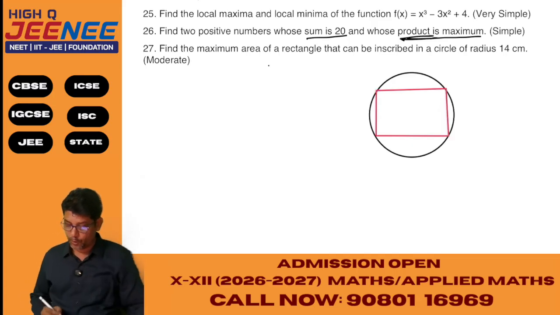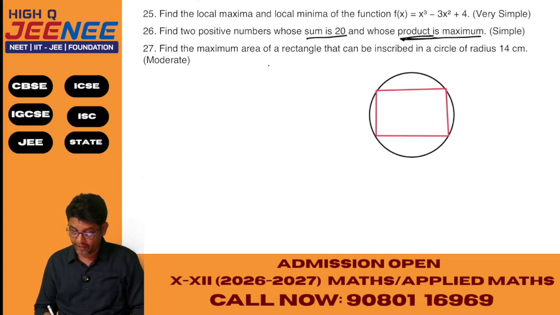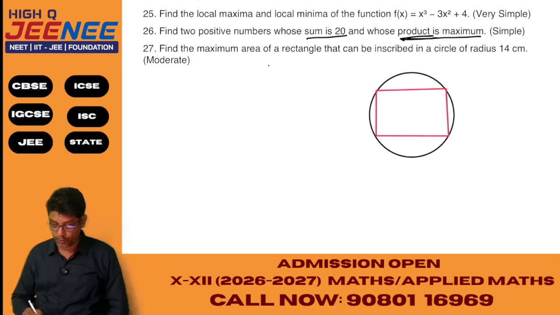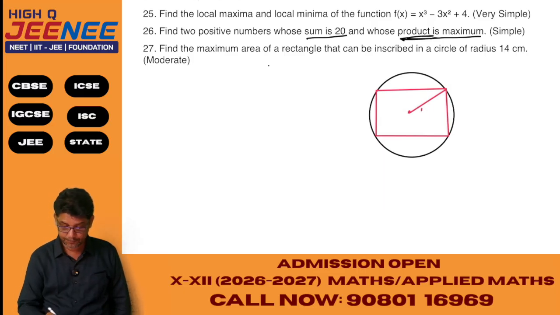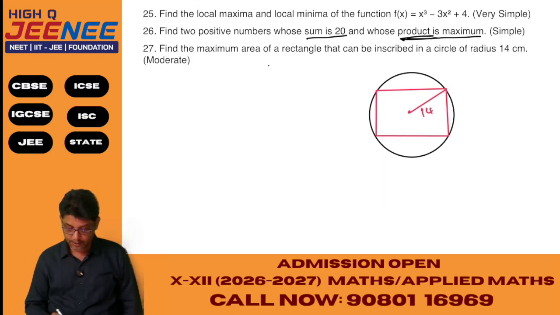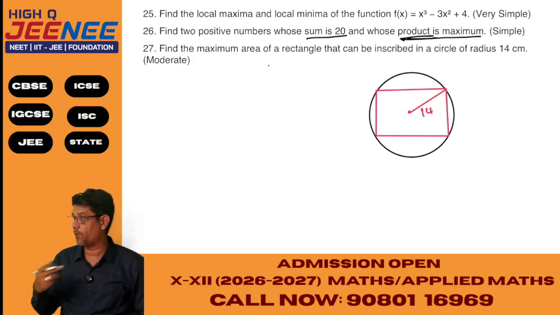Now we need to find the maximum area of the rectangle inscribed in a circle of radius 14 centimeter. That means the radius of the circle is 14 centimeter. What is the area of a rectangle formula?